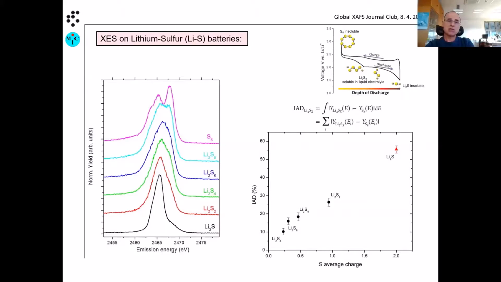It's very simple: it's an area difference relative to the reference spectrum, which in our case is pure sulfur, the initial state of the battery. So just take the difference of the normalized spectra. And you can see here you again get a very nice correlation with the average charge of the sulfur, which means basically that with the emission you can follow this.